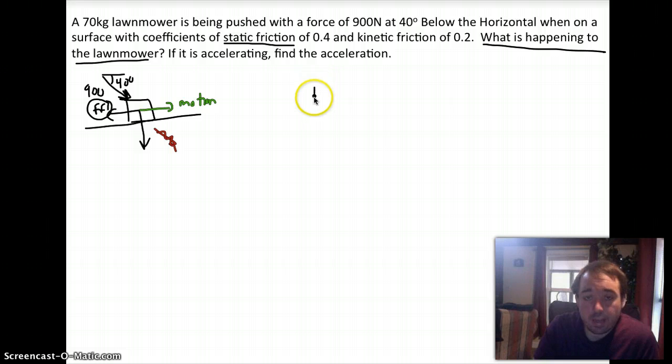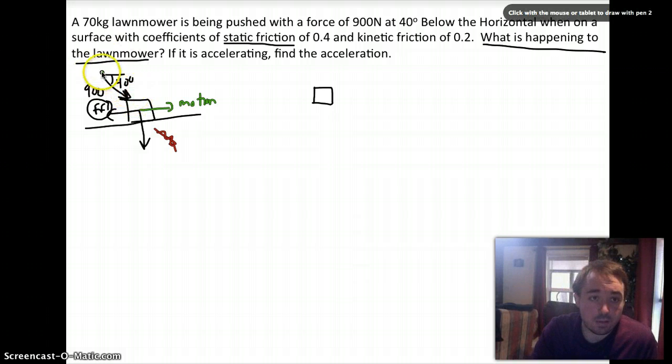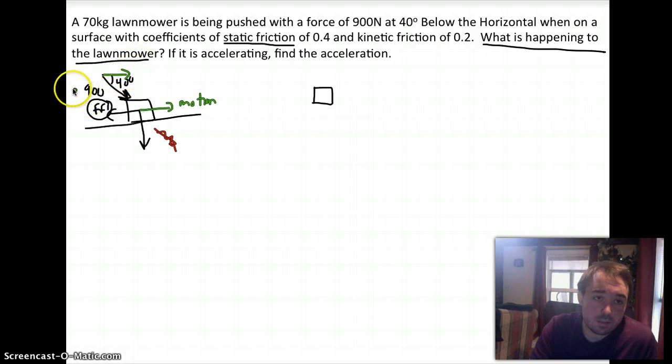So how do we do this? This is where free body diagrams really do help. So first of all, this force, the 900 newtons, 40 degrees below the horizontal, we break it apart into its pieces. This is an applied force, so you've got an FAH, horizontal applied force, and you have an FAV, a vertical applied force. Remember, with subscripts we read them backwards.